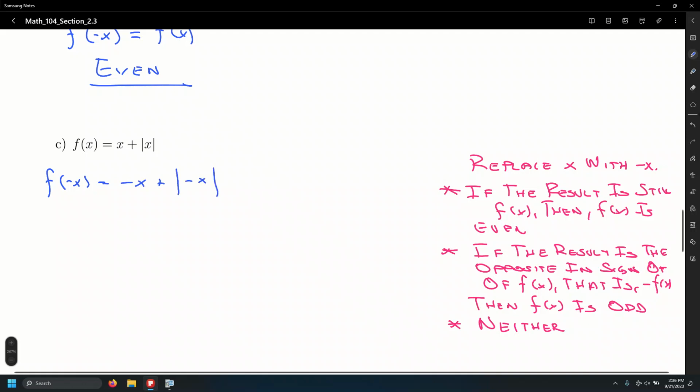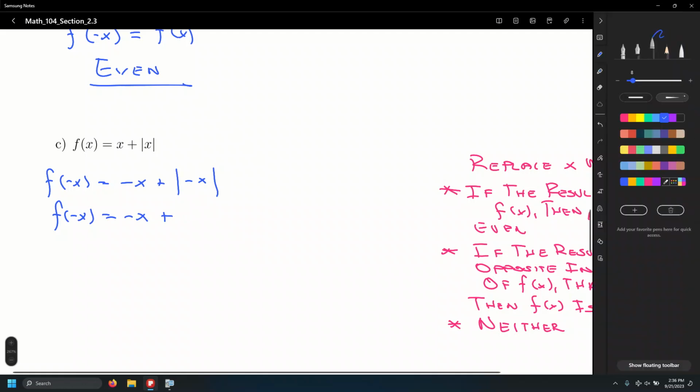All right, need to be careful here because negative x for the first term is just negative x, right? So f of negative x equals negative x plus, okay, you need to be careful when simplifying this absolute value.